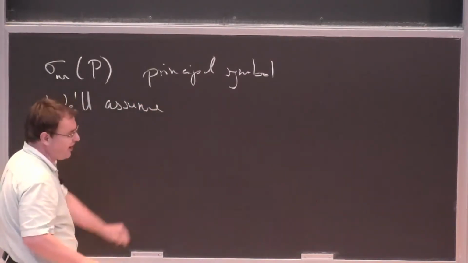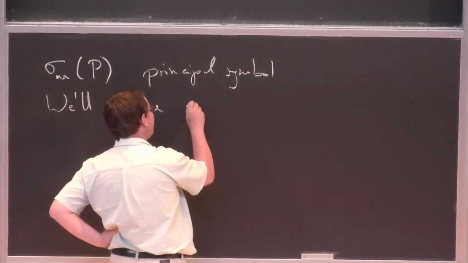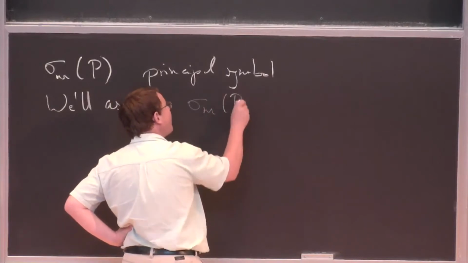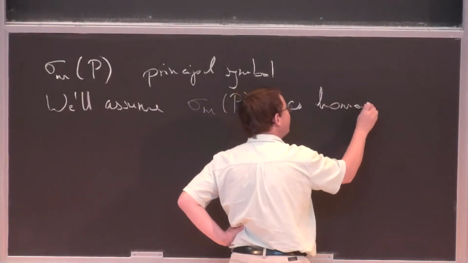And I might even strengthen various assumptions for the purposes of this presentation. We'll assume that this has a homogeneous representative. So what does homogeneous mean?